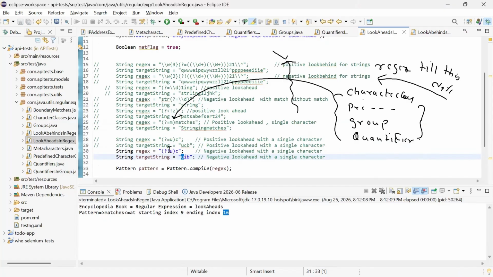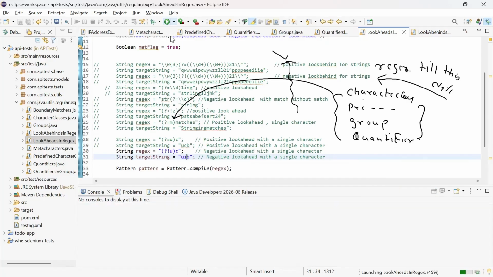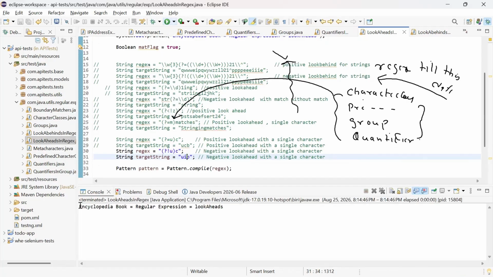Further ahead, I is not equal to U, so this condition matches. It will further validate if I is equal to C. No, I is not equal to C, so it fails. Nothing will be matched here, and we are left with B, which also does not match anything. You see, it did not match anything here.